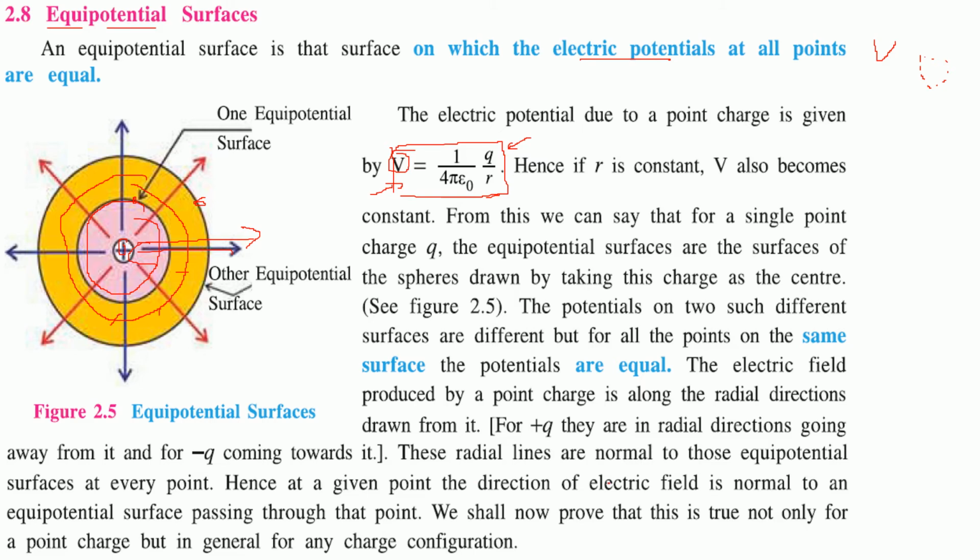So at a given point, the direction of the electric field is normal to the equipotential surface passing through that point. We'll try to see or prove that this is true not only for a point charge but for any charge configuration.